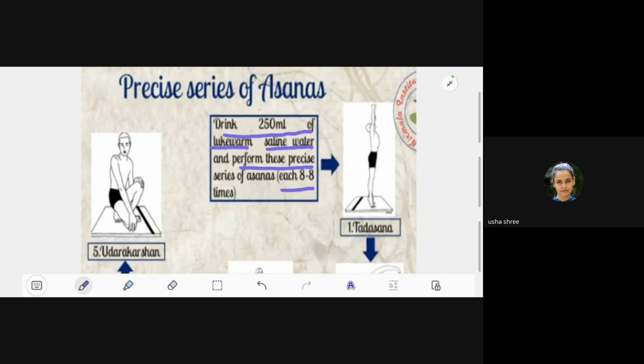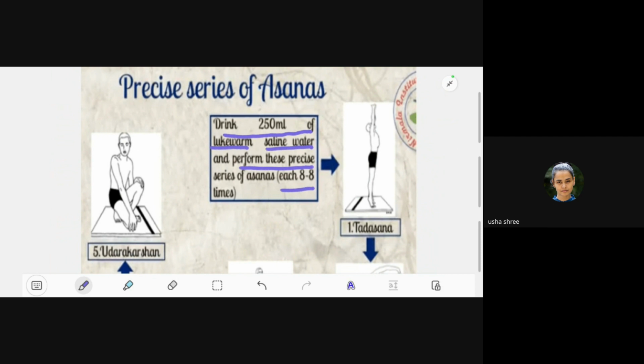When I start with the two glasses, I perform these five steps of asana, and if one does not feel the urge to excrete the feces, then again drink two glasses and perform these five steps. If again one is not feeling the urge, drink two glasses again. The steps will be two glasses, two glasses, two glasses, nearly 8 to 10 rounds.